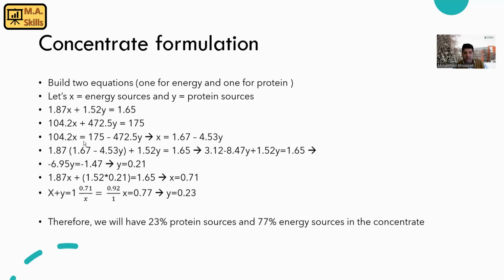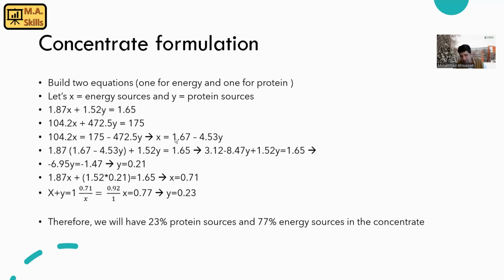I bring the X components to the left side and all the other components to the right side, because my goal is to find the equation based on X. So I divided both sides of the equation by the coefficient of X, which is 104.2. 104.2 divided by itself is 1, so I'm not going to write 1.